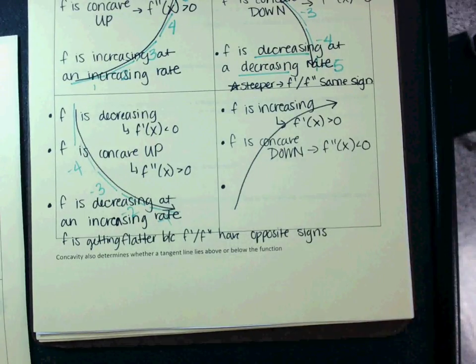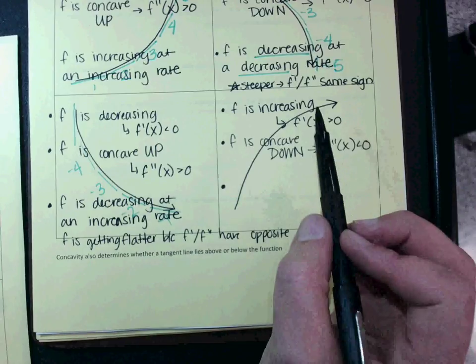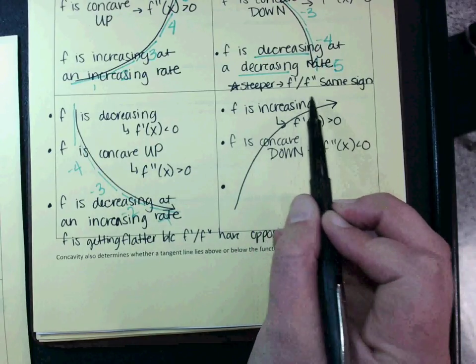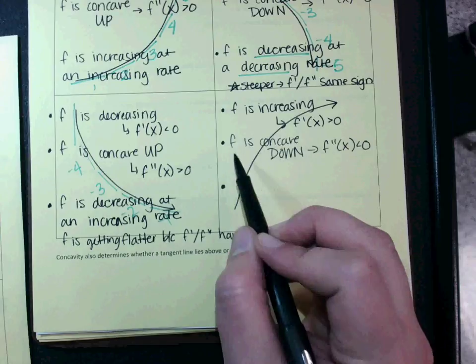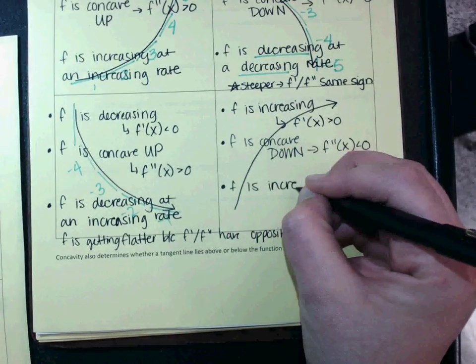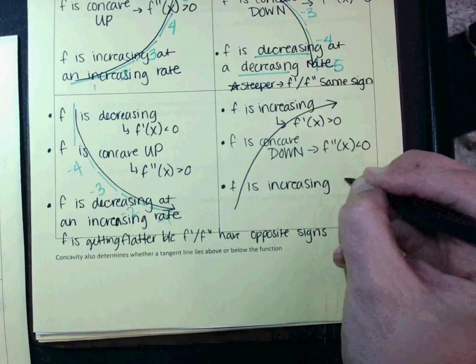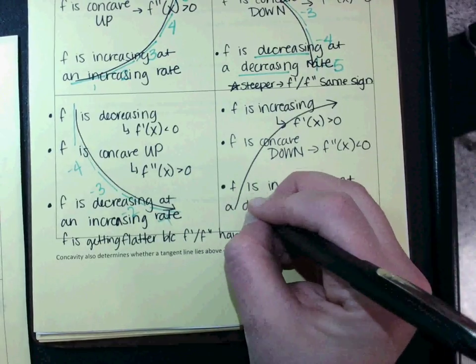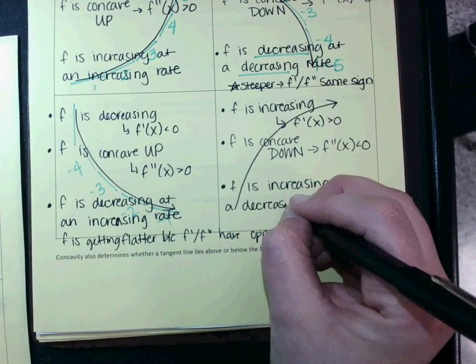Okay, think about your last statement. If you didn't get to finish writing it, go ahead. Okay, what would we say for that last statement? It's increasing at a decreasing rate. Very good. F is increasing at a decreasing rate.